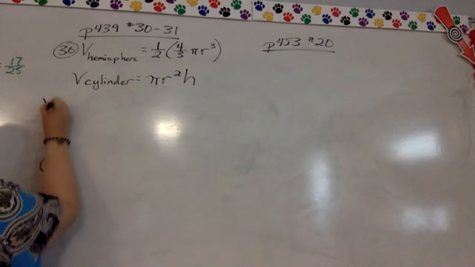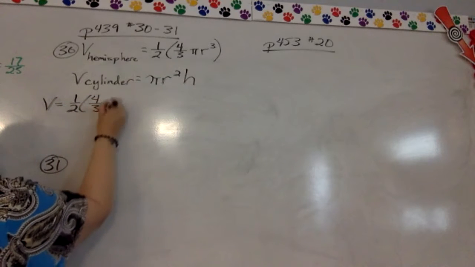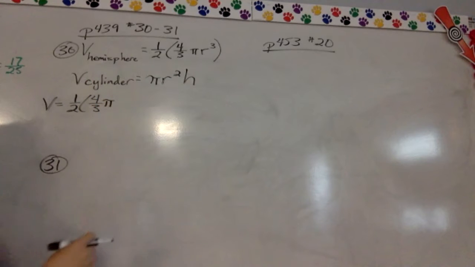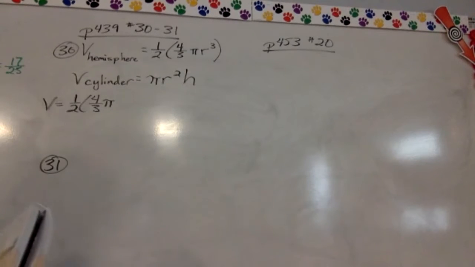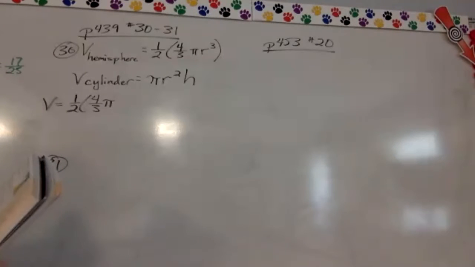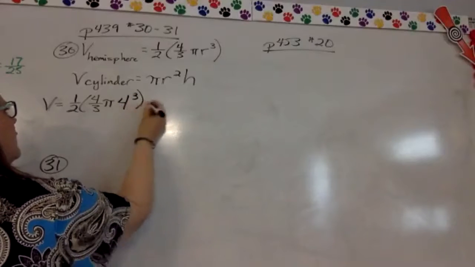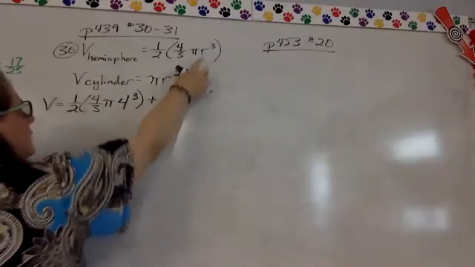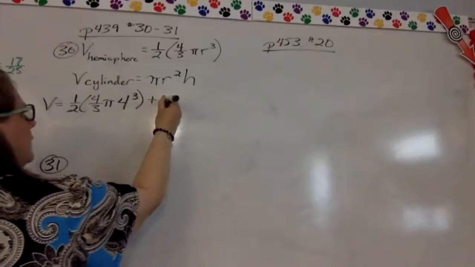So when I go to find my volume, I have 1/2 times 4/3 pi. What is my radius that it gives me in that picture in number 30? 4. So times 4 cubed, and then plus, because this is my hemisphere part. Now I have to do my cylinder part.